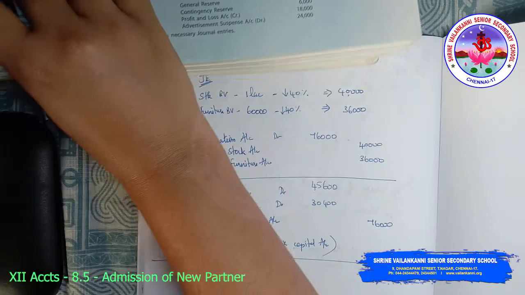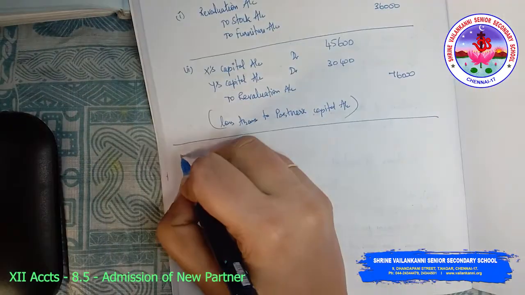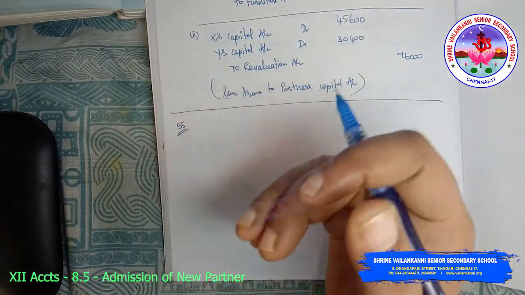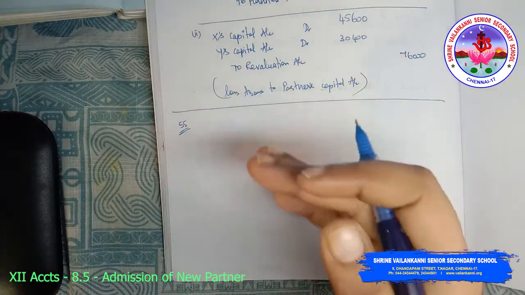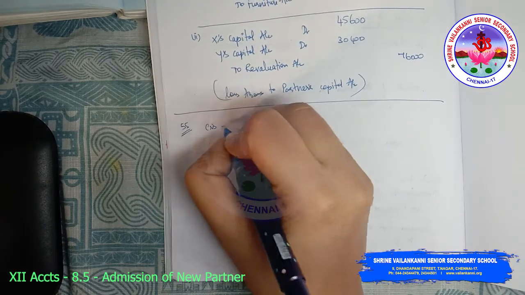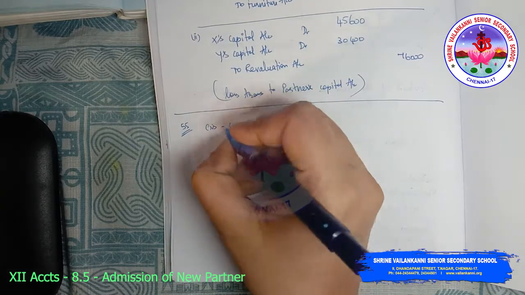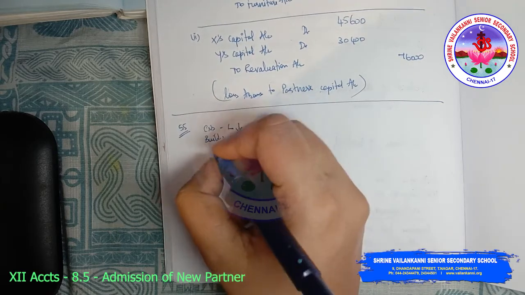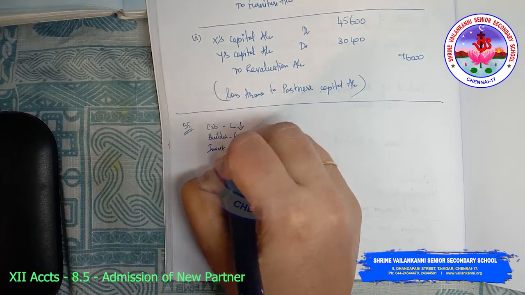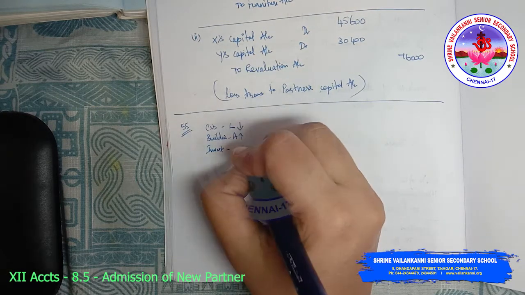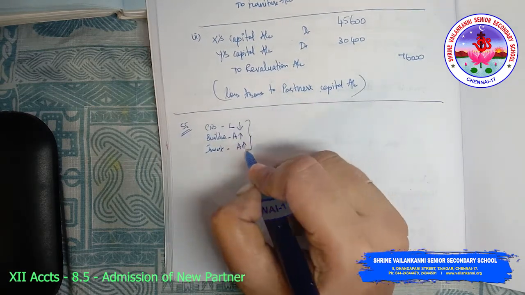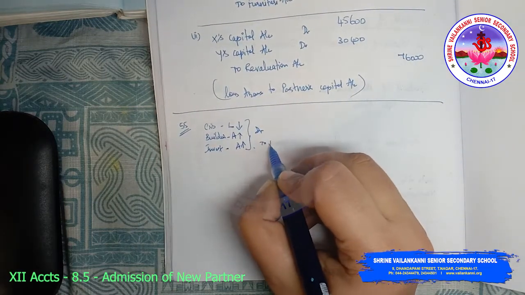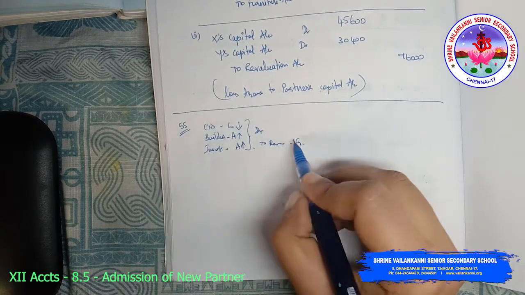So I'm going to start the problem. 55th problem. First, the items that need to be debited. Creditors, it's a liability decrease. Similarly, building, it is an asset increase. Then investment, it's an asset increase. Okay, so these things are all to be debited because you have to write to revaluation account, because it's a gain.